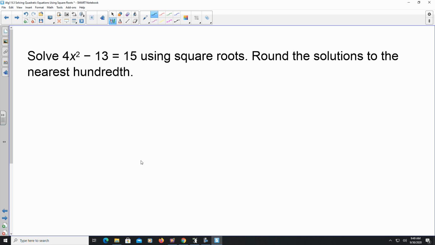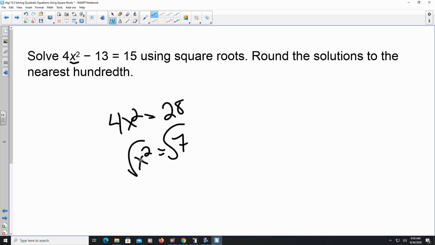For this one, again, we're going to isolate the x squared. So I'm going to add 13 to both sides. So I'm left with 4x squared is equal to 15 plus 13, which is 28. Divided by 4, x squared is equal to 7. Then I take the square root of this.